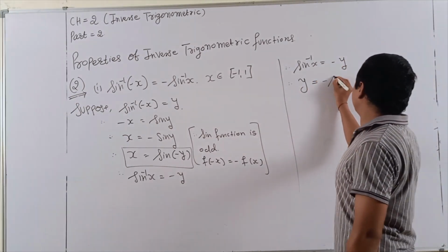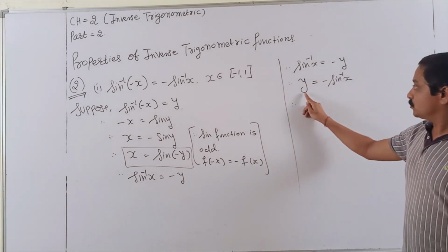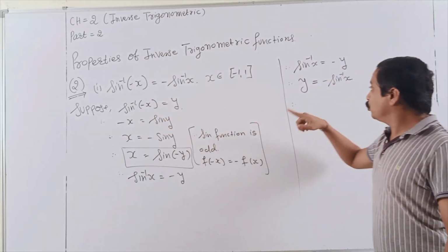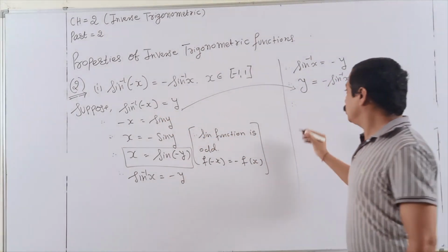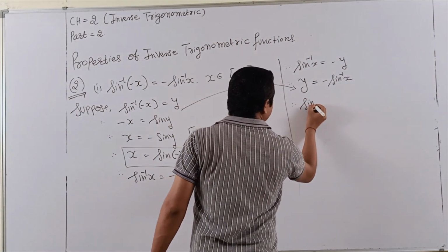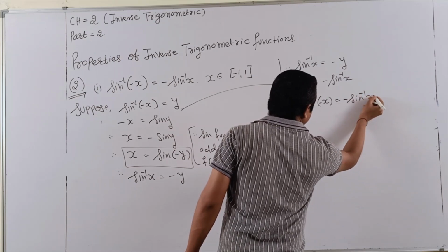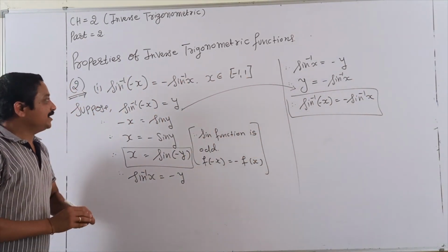Yes, y is minus sin inverse x. Now students, this y you already assumed, and putting that value here, sin inverse of minus x is equal to minus sin inverse x, and that's my first case. Happily done, dear students.